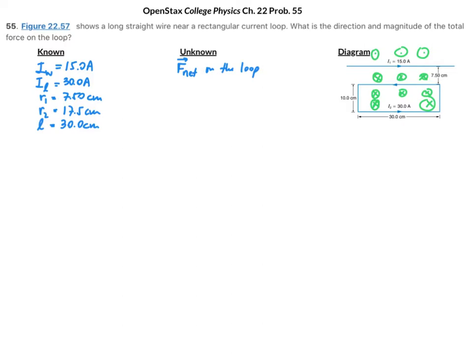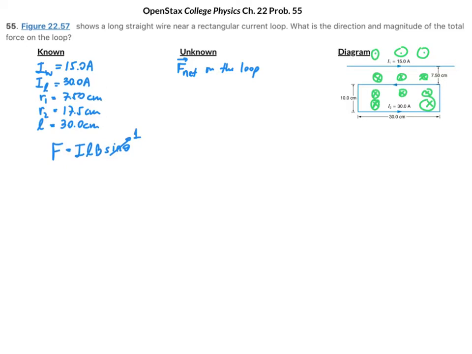So I'm going to write down that the force is I L B sine theta, let's just be thorough, where theta is the angle between the direction of the current and the magnetic field, and that is 90 degrees in all these instances. The current is going in this direction, the magnetic field is into the page, so sine theta is just 1.